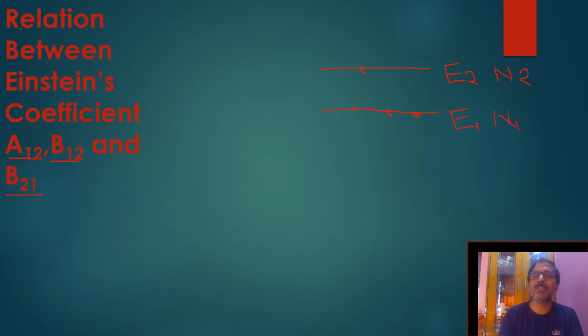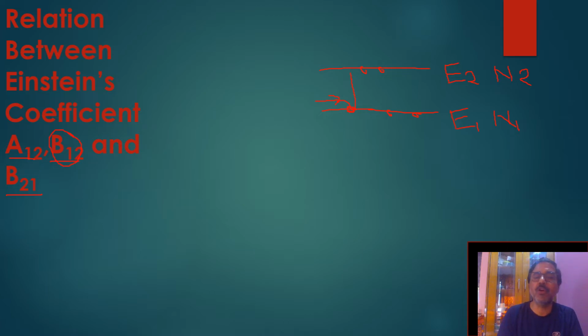Now firstly, if we give any radiation, any photonic energy, to this atom, then this atom is going to absorb this photonic energy and move up to the excited state, and this coefficient we called B12, the absorption coefficient.